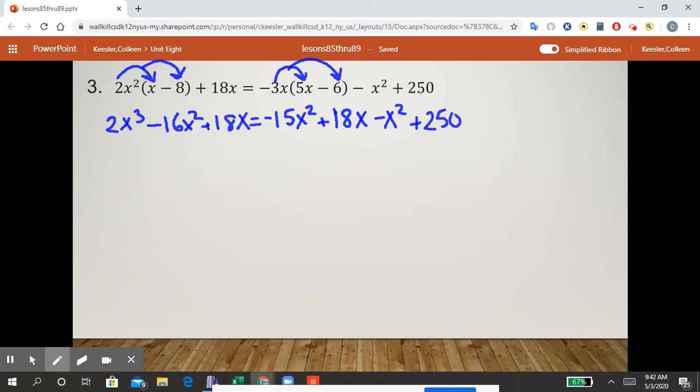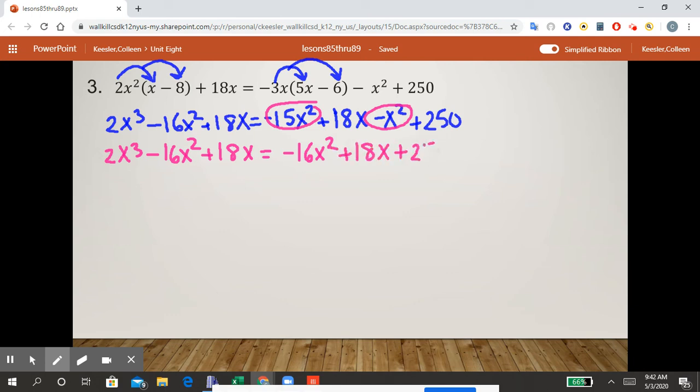Okay, so now we want to combine like terms on opposite sides to make this simpler. So we can put together the negative 15x squared and the negative x squared to make this a little bit easier to solve. So that's going to bring down 2x cubed minus 16x squared plus 18x equals negative 15x squared and negative x squared, which is negative 16x squared plus 18x plus 250.